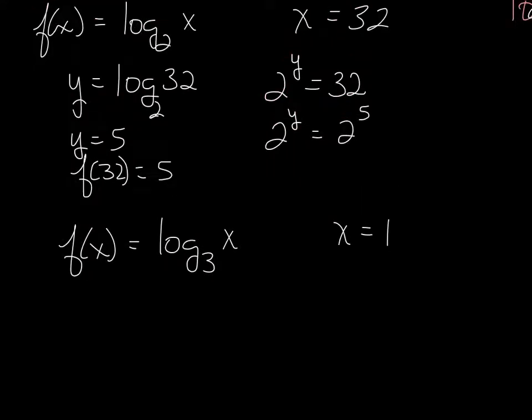Okay, so here we have the log base 3 of x. I want to figure out what it is if x equals 1. So if we're trying to figure that out, we can substitute y. How would you rewrite that exponentially? 3 to the y.